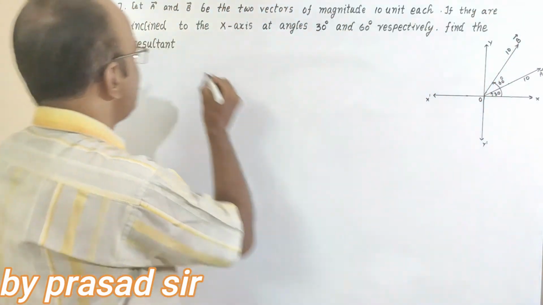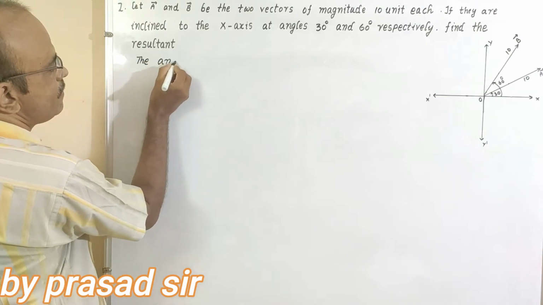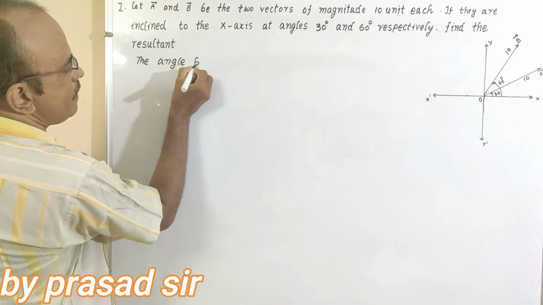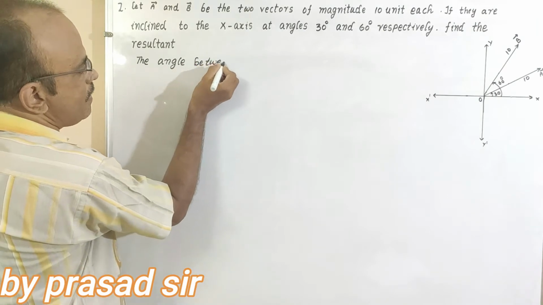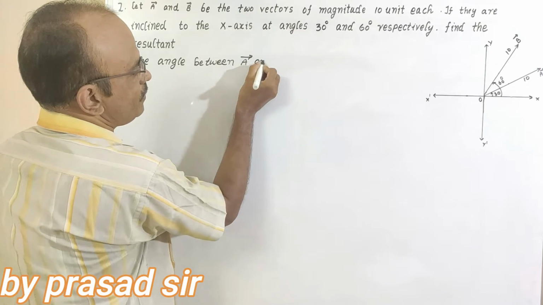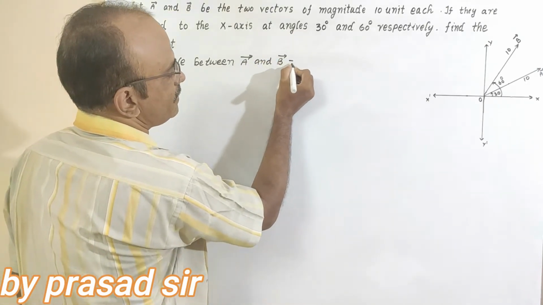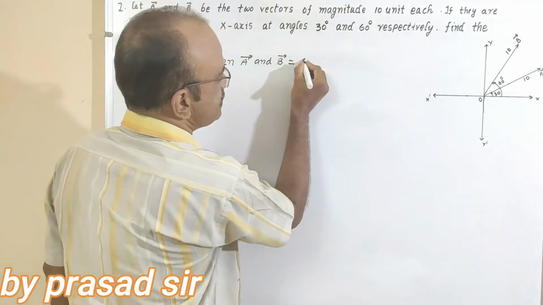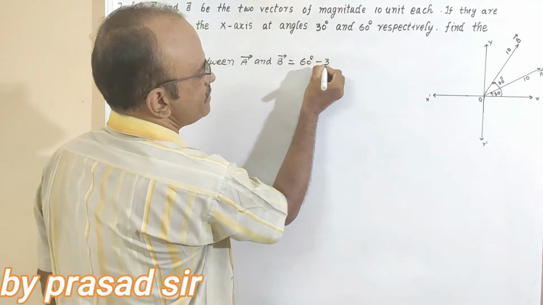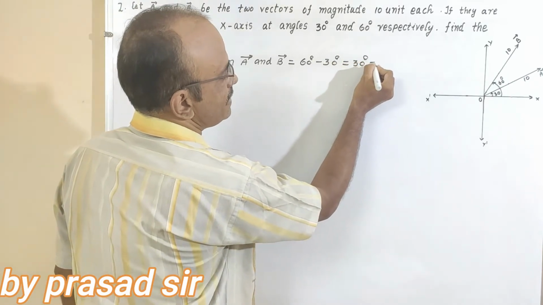First of all, the angle between A vector and B vector is equal to 60 degrees minus 30 degrees, which is 30 degrees.